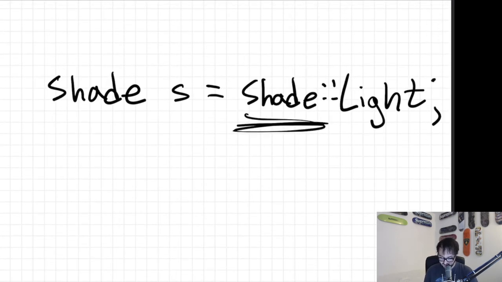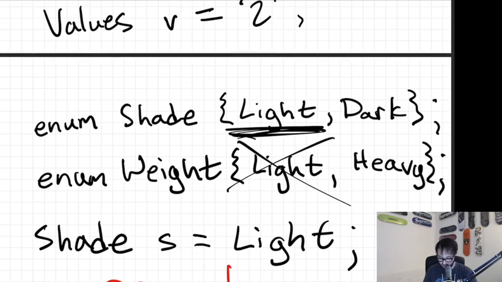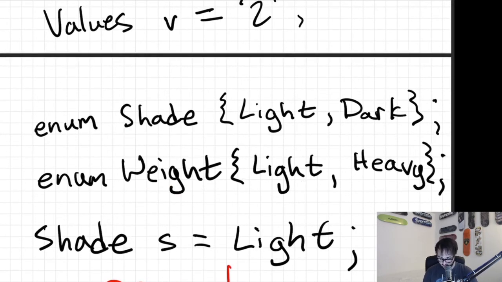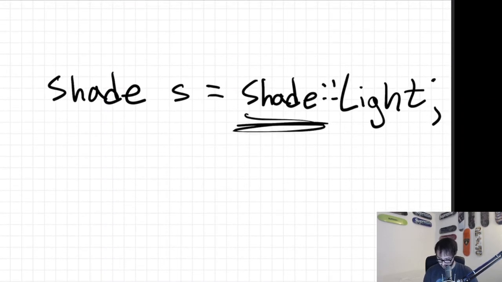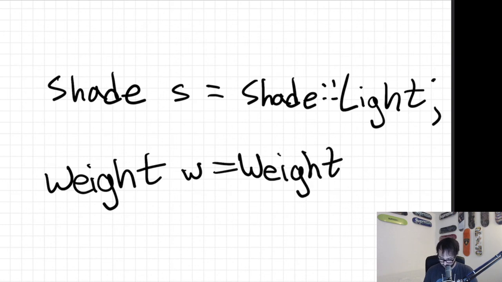That's all this scope resolution operator is going to do for you: differentiate between shade and weight. And you could also do something like weight W equals weight, scope resolution operator, light, and you'll be okay.